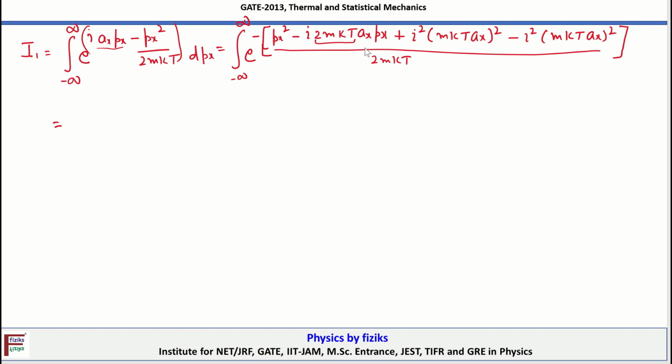So this can be rewritten as, and yes, I forgot to multiply it with dp_x.